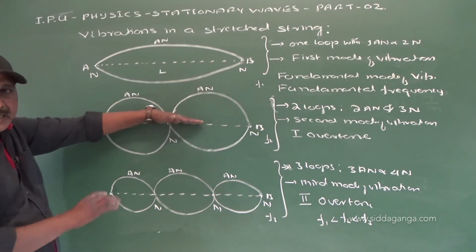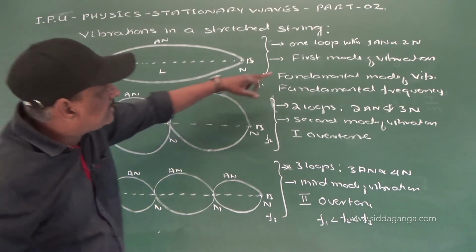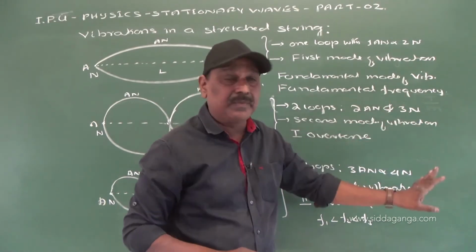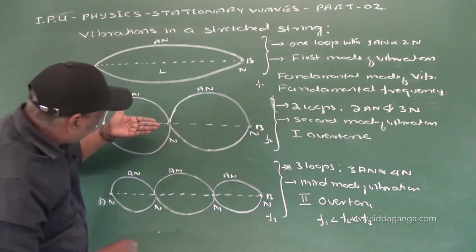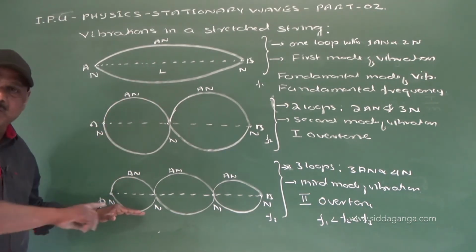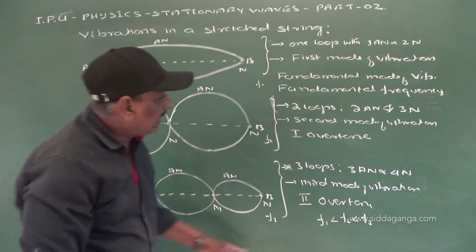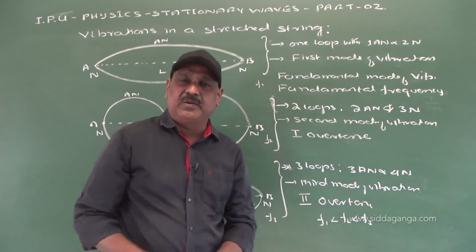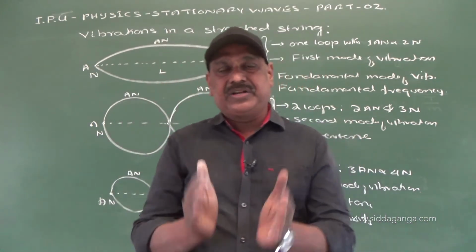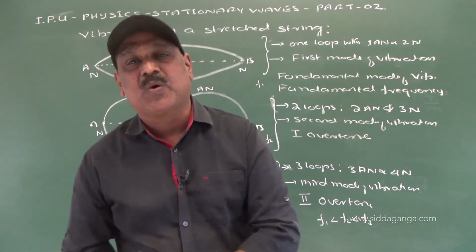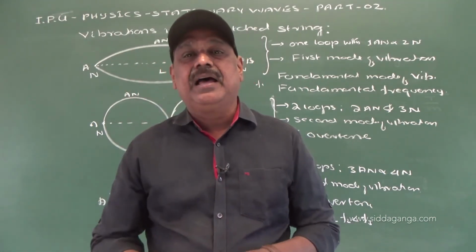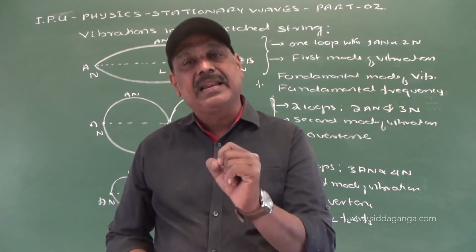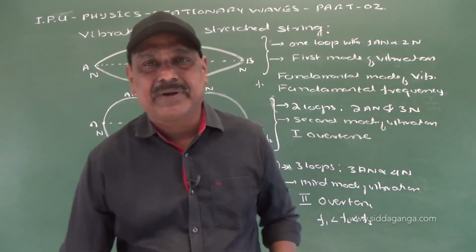When we go to the next mode of vibration, there is an increase of one antinode and one node. So when we go from first overtone to second overtone, the immediately next mode, again 2 plus 1, 3 antinodes, 3 plus 1, 4 antinodes. Remember that when a stationary wave changes from one mode to the next mode, there is an increase in nodes by one and in antinodes by one. Is that clear?